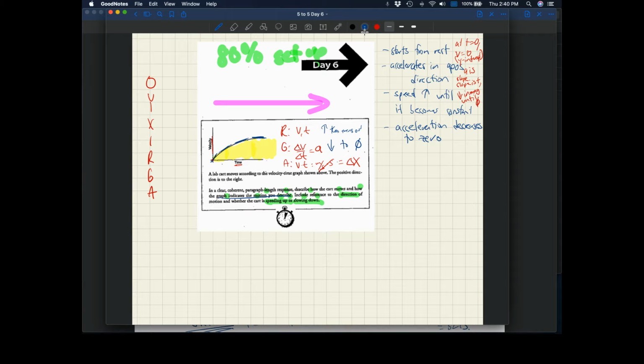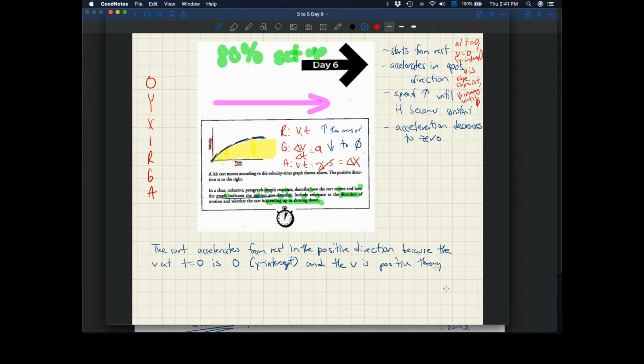So we might start out by saying the cart accelerates from rest in the positive direction because the v at time equals 0 is 0, the y-intercept, and the v is positive throughout the time period.